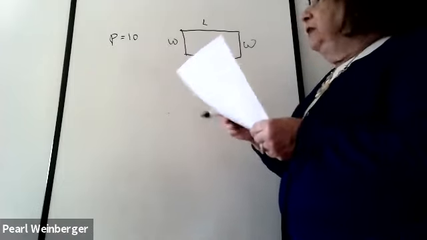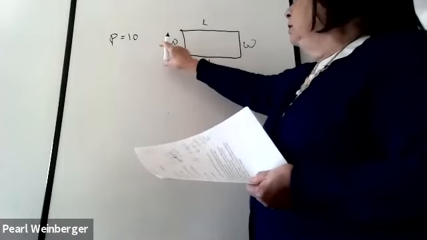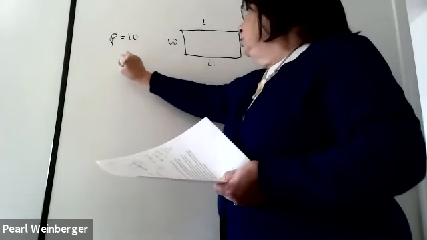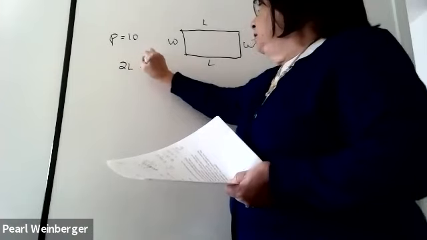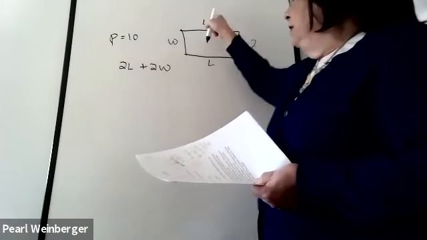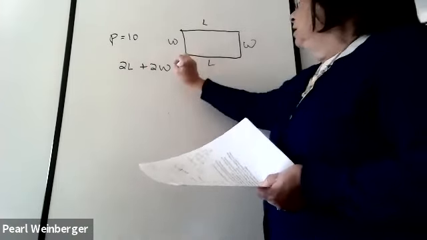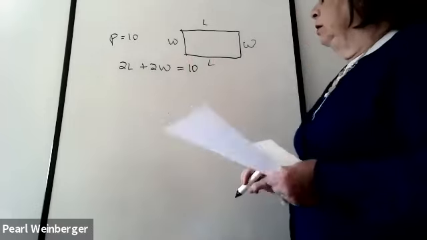In other words, if they tell me that my perimeter is 10, it must mean that the 2L plus the 2W, those are all the four sides added up, has to equal 10.